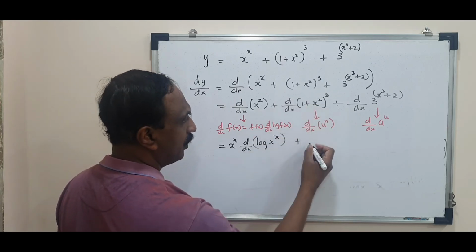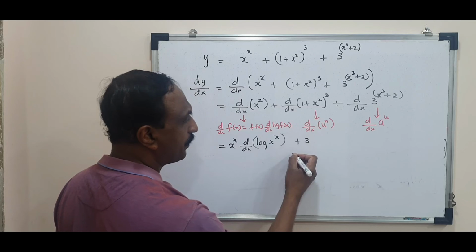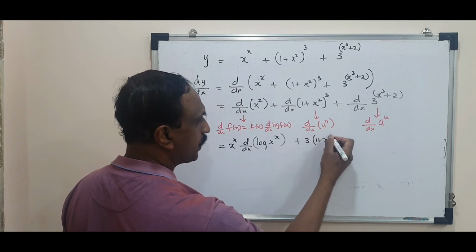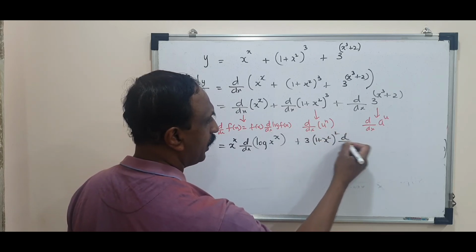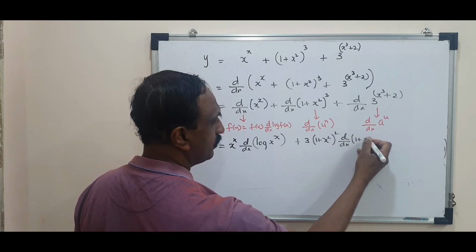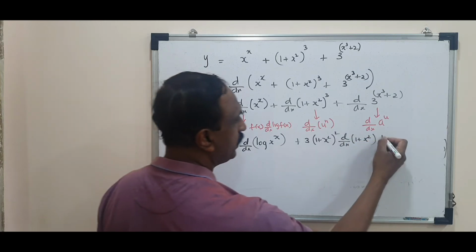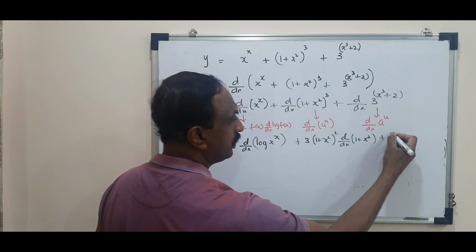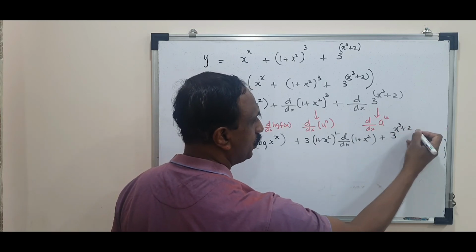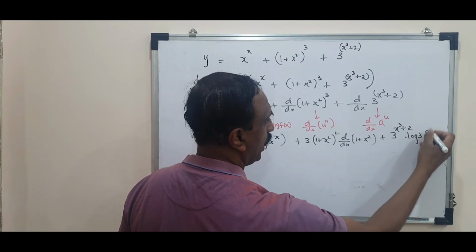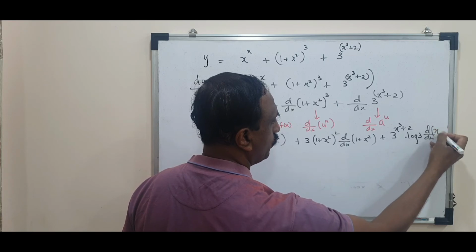Here, first start with the power, reduce the power by 1, into d by dx of the base. What is the method here? Exponential function: 3 raised to x cube plus 2, log 3, into derivative of the power, x cube plus 2.